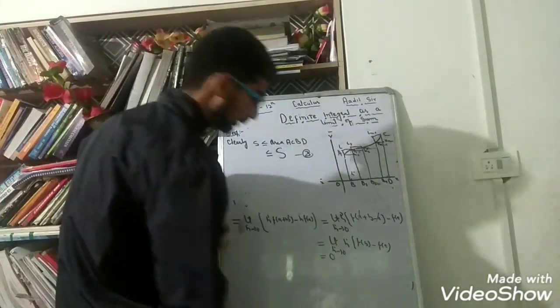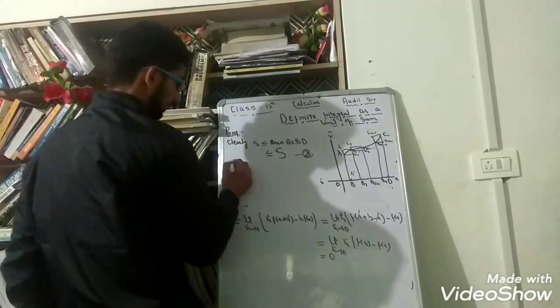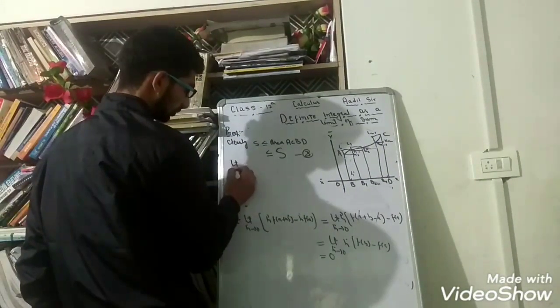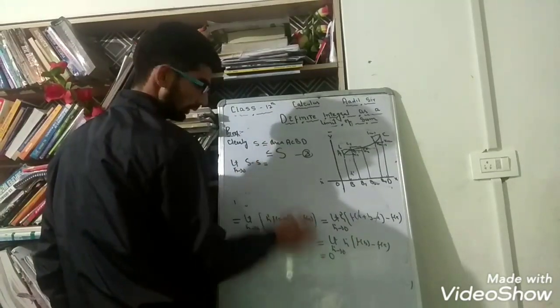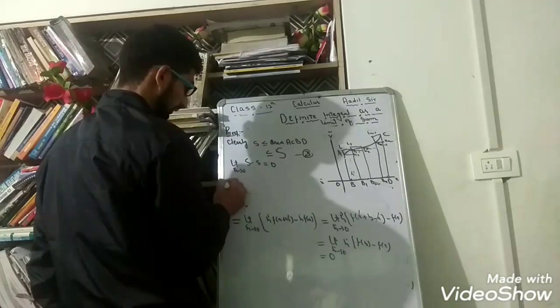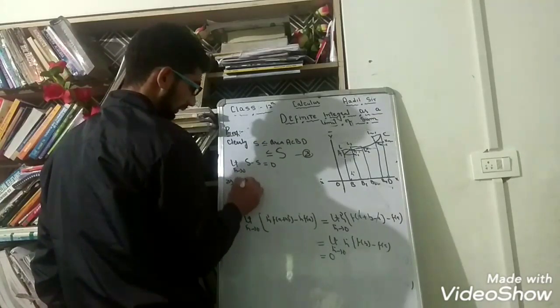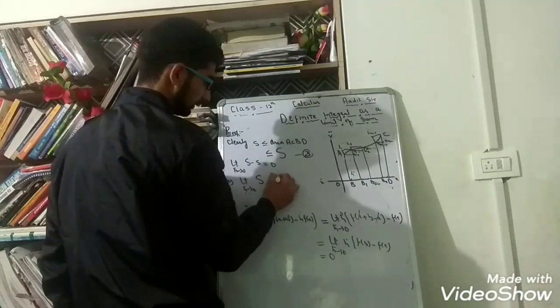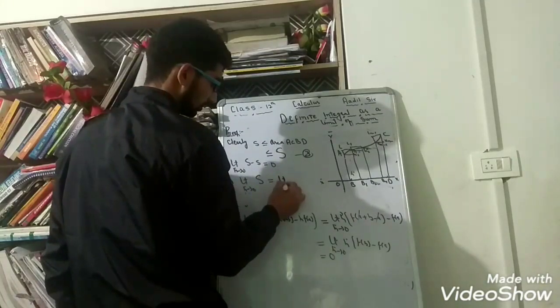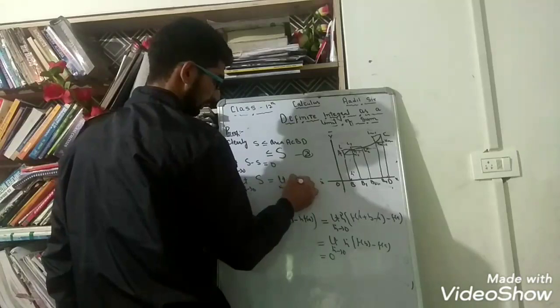Hence as n approaches infinity, we get limit h tends to 0 of S minus s equals 0. That means limit h tends to 0 of capital S is equal to limit h tends to 0 of small s.